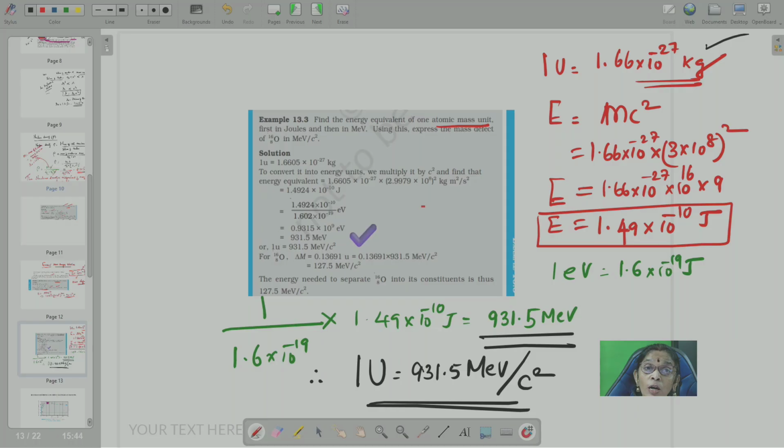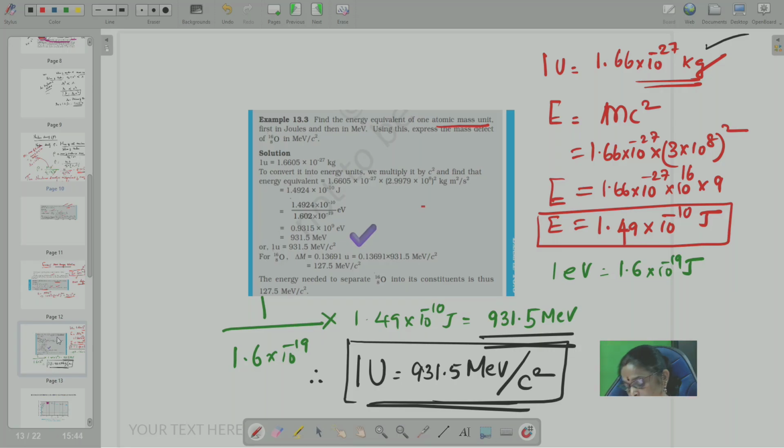How did we define 1 atomic mass unit? In terms of carbon 12 atom, 1/12 of the mass of carbon 12. We have learned that. But how do you write it in terms of electron volt? That is all. 1 atomic mass unit is equal to 931.5 mega electron volt per c square. So, keep that in mind, children, hereafter.